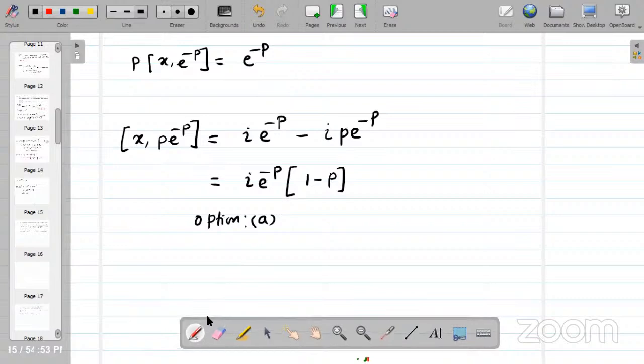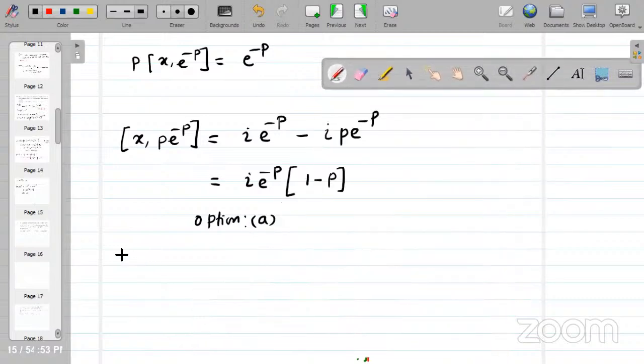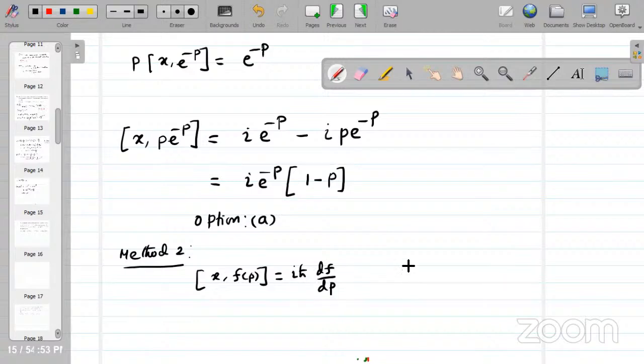In fact, the same thing we can do very quickly. There is a nice identity, method 2. Suppose we have [x, f(p)], then we have i ħ df/dp. Similarly, if we have [f(x), p], we have again i ħ df/dx.